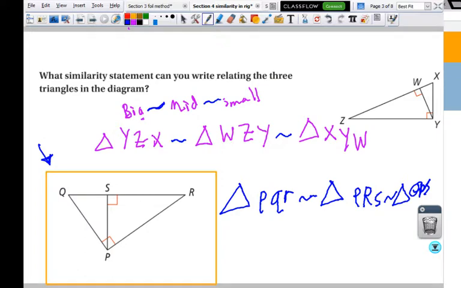I think he was good. Because PQR, PRS. Actually, I think your letters are a little messed up.